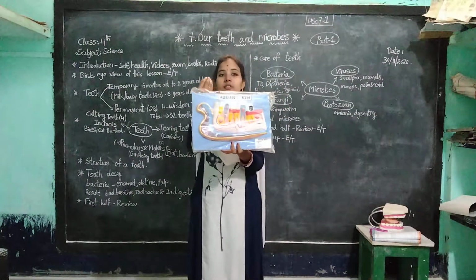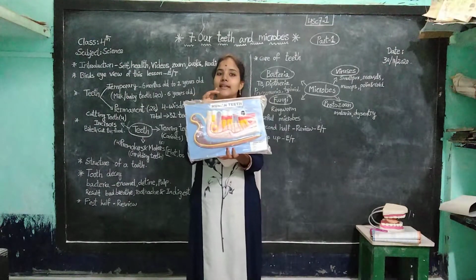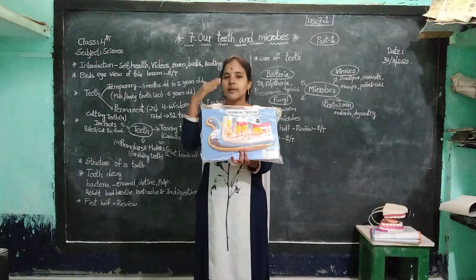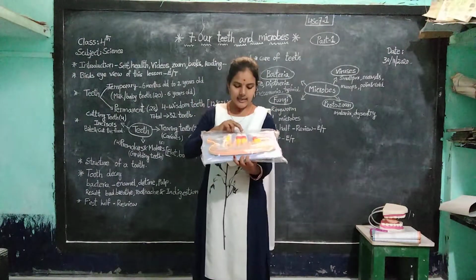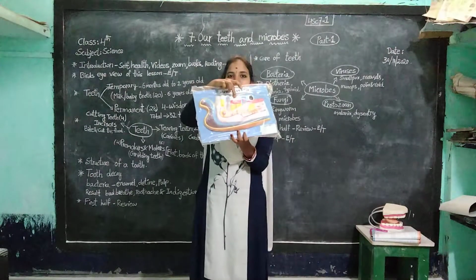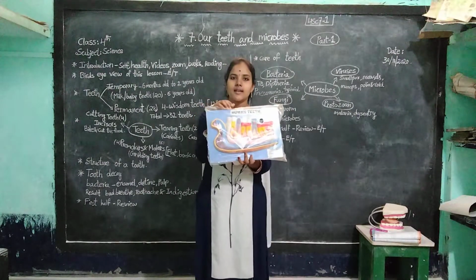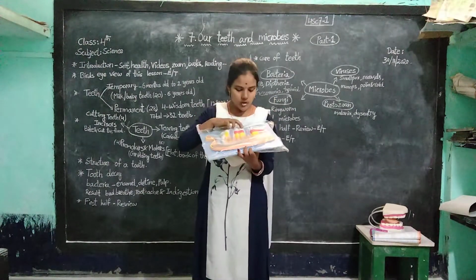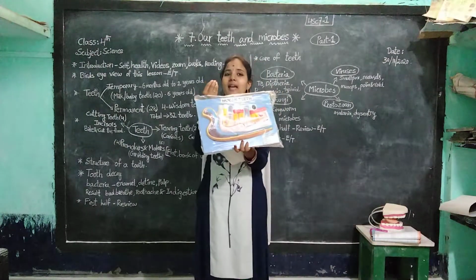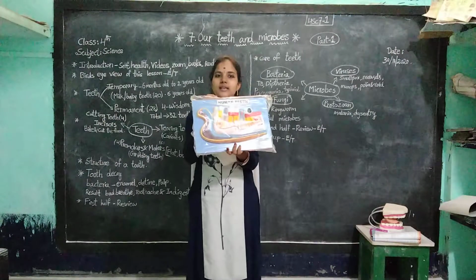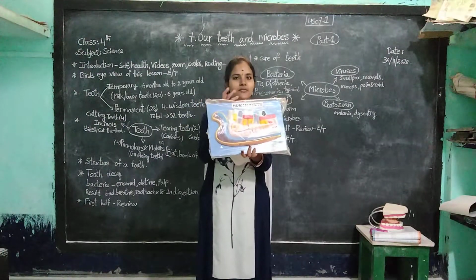The enamel is very hard, and below the enamel it is dentine. This is the dentine. Inside the dentine we have the pulp. The pulp is very soft and it contains blood vessels and nerves.